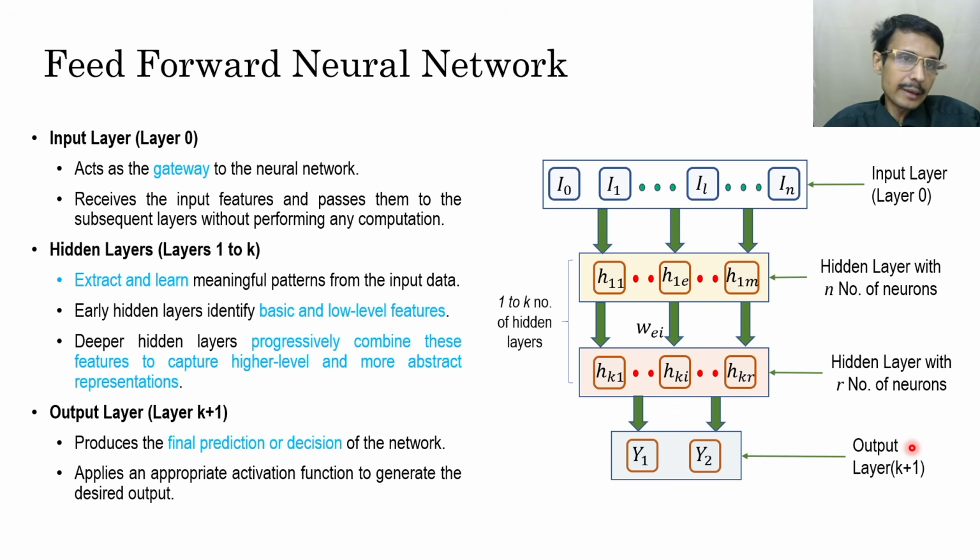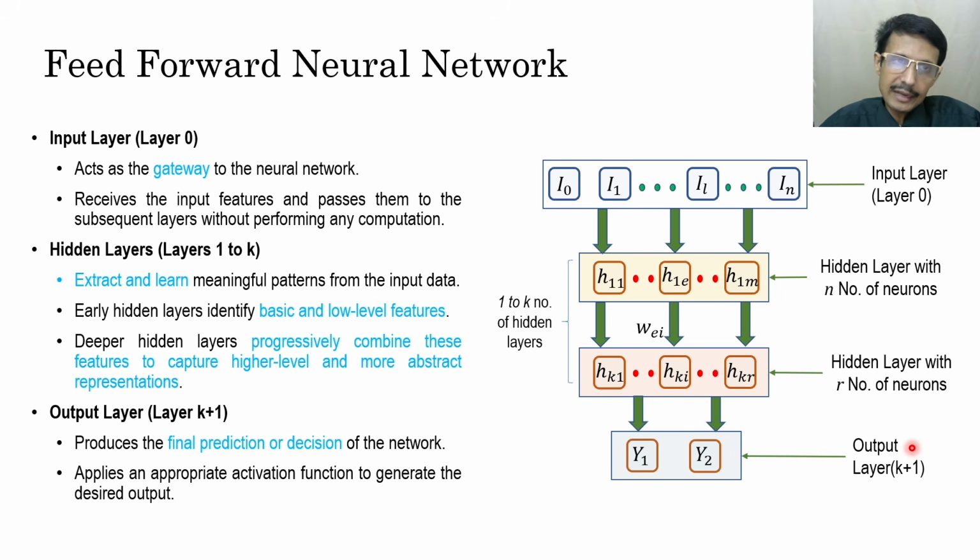So now we are going to start the training procedure of the neural network. As we discussed earlier, there are 3 main stages in the multi-layer perceptron: one input layer, a set of hidden layers, and one output layer.